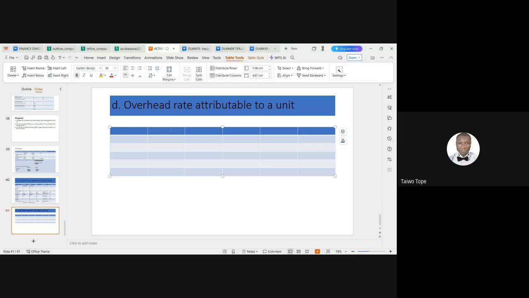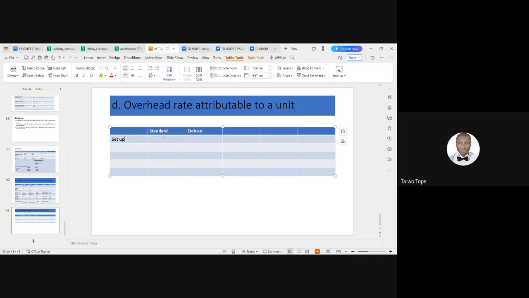So now we have standard. We have the loss. Now the first activity is setup. The cost driver rate derived is what?